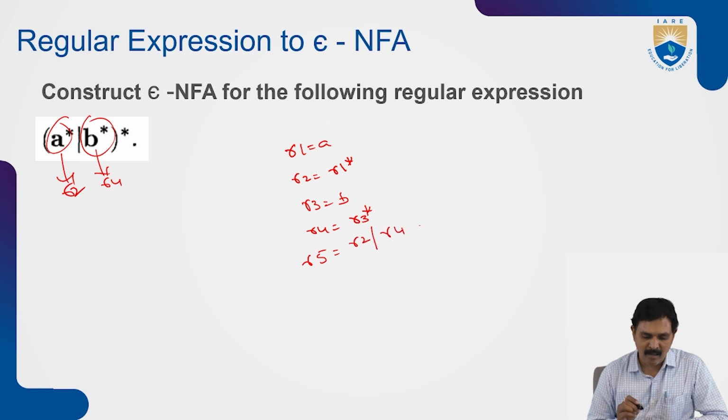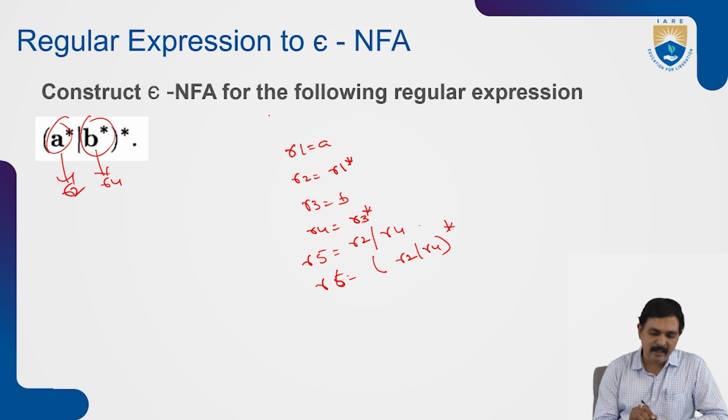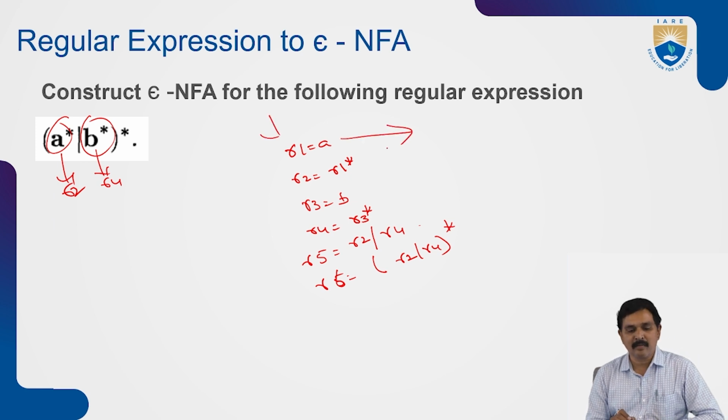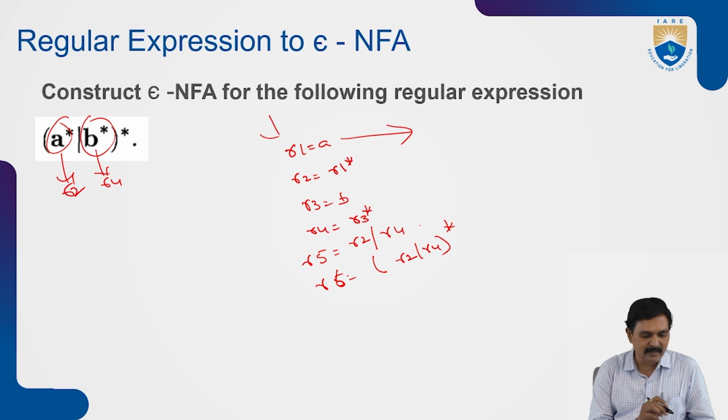After that, finally I make R6 equal to, I put the parentheses around R2 slash R4, so it becomes a star. In this way, I will give the idea. Remember the diagram part, do it yourself. But before the diagram, this division is very important. That's why I made the division of separation of individual regular expressions.